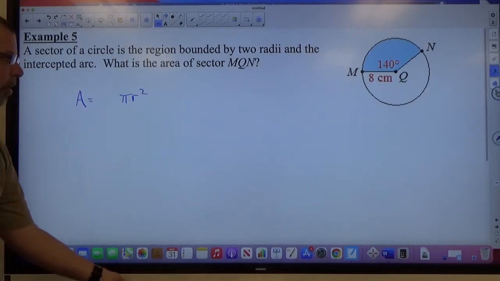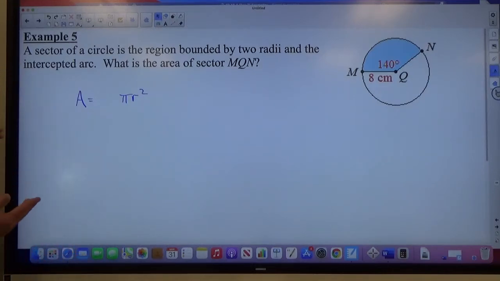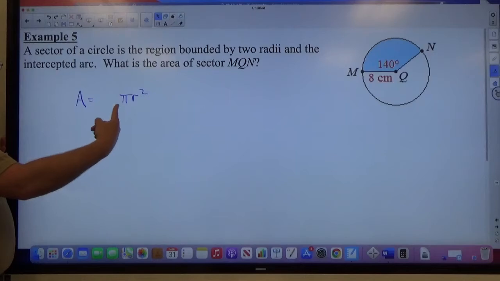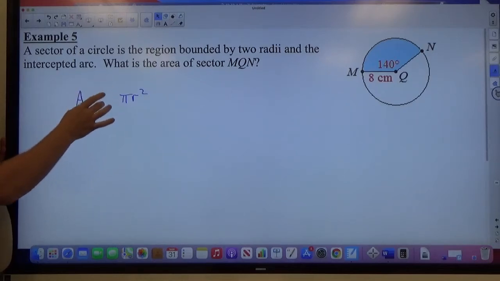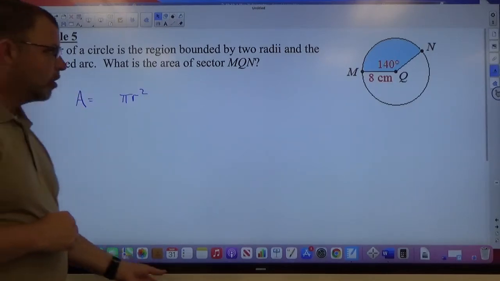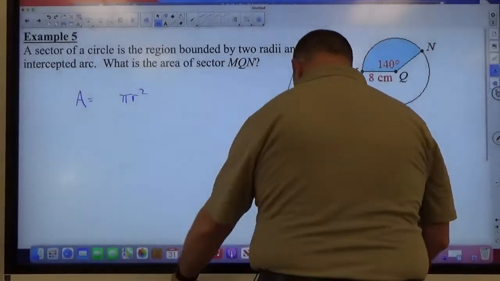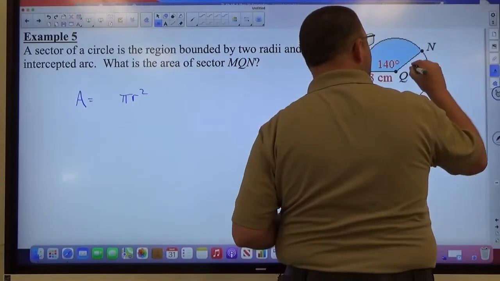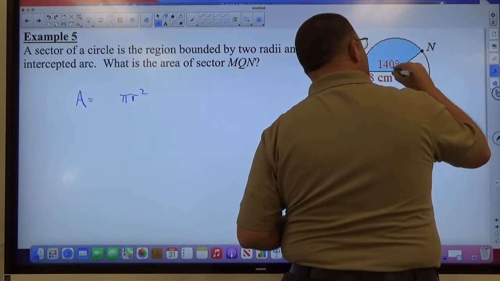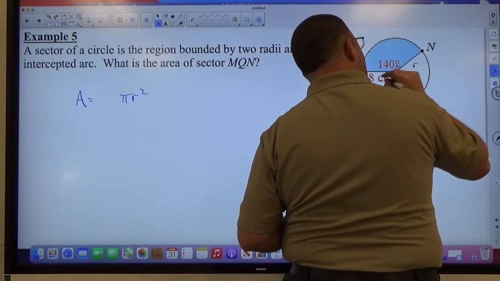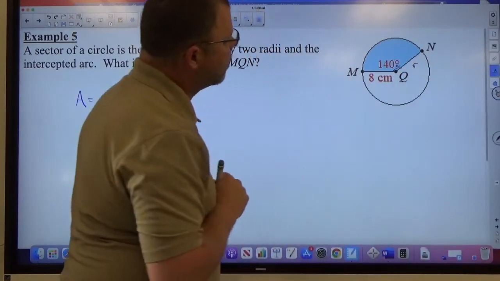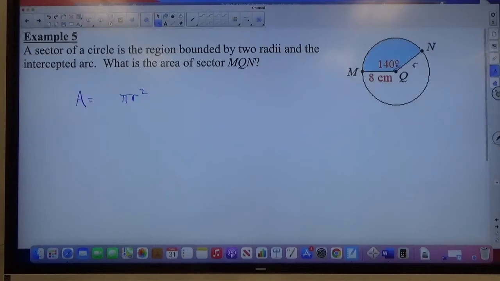Just like arc length, where we took the circumference formula, 2 pi r, and multiplied it by the portion of the circle we're dealing with, specifically we want to know a radius and an angle. That's an R, that's an A. I didn't have a lot of room to put that in there.